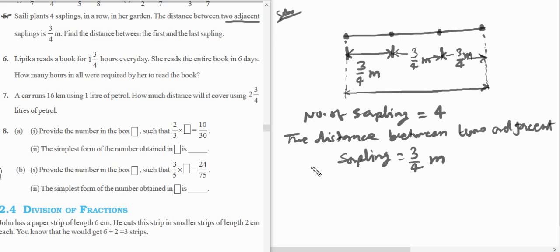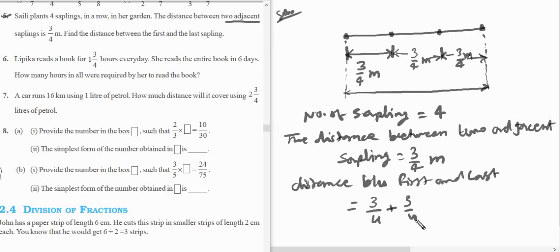So distance between the first and last is equal to 3 by 4 plus 3 by 4 plus 3 by 4 meter.